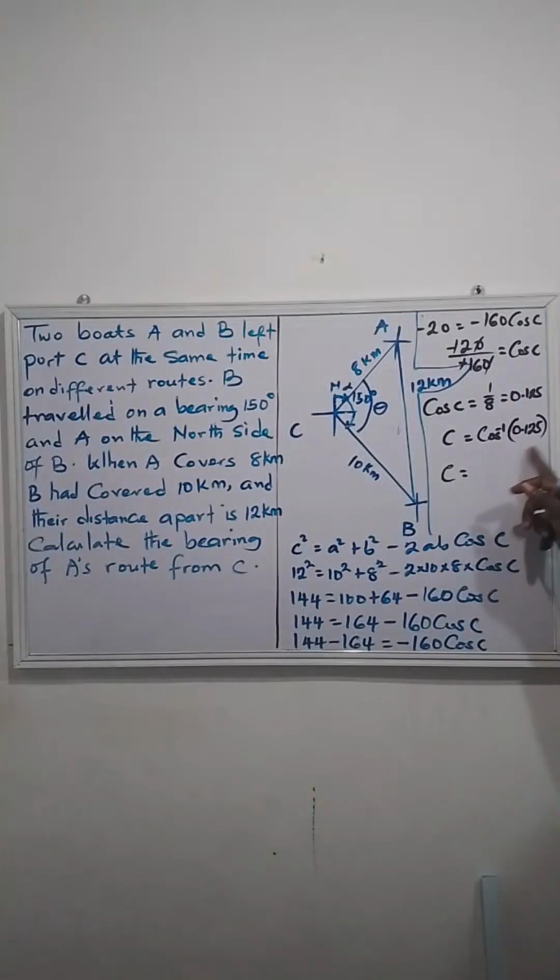What's the arc cos of 0.125? If you have the answer, drop that in the comment section. Anybody?